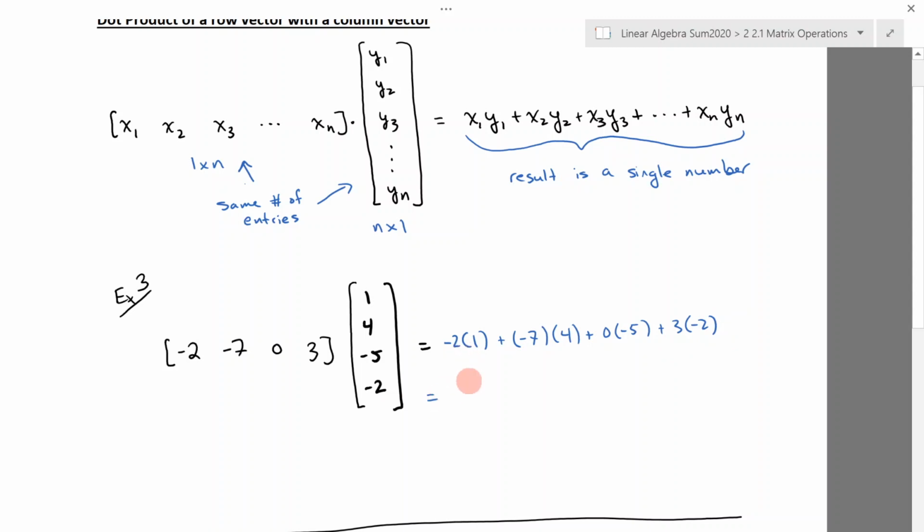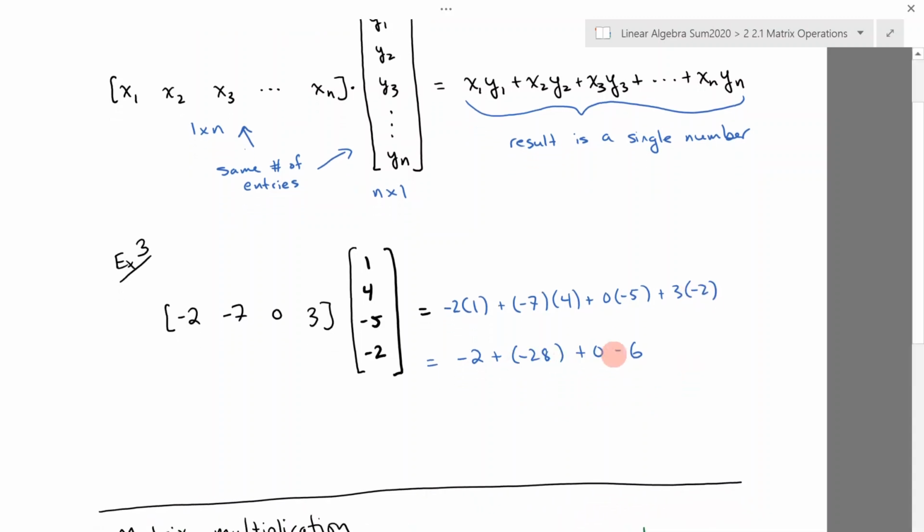Right, so the first term is -2, this is -28, this is 0, this is -6. So again, we have to add them all together, right? So -2 minus 28 is -30, minus 6 is -36, and so we see that the result is a single number. Okay, so it doesn't matter what the length of the vectors are, the result of this dot product is always a single number.